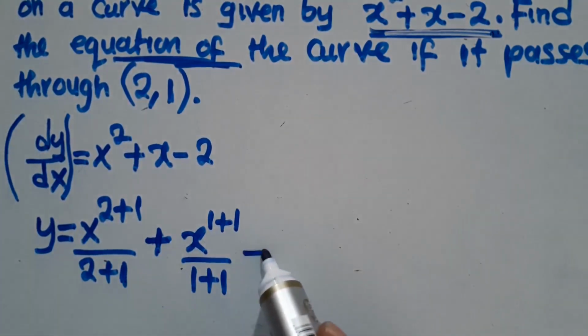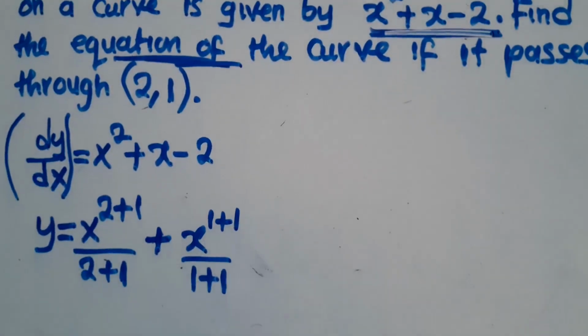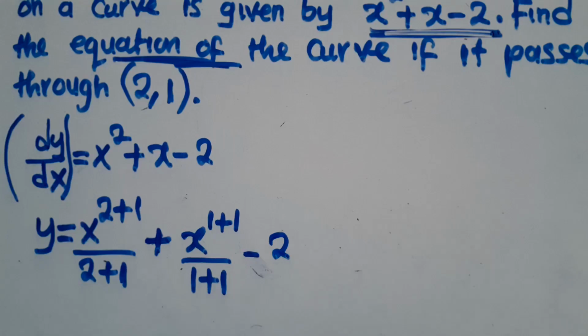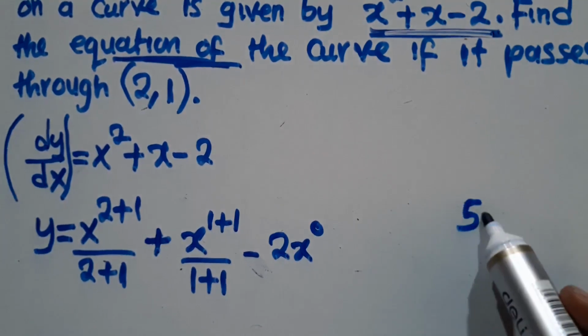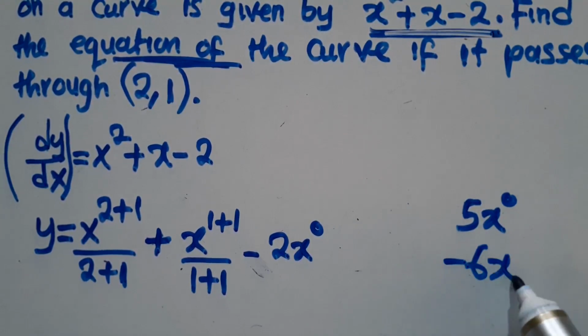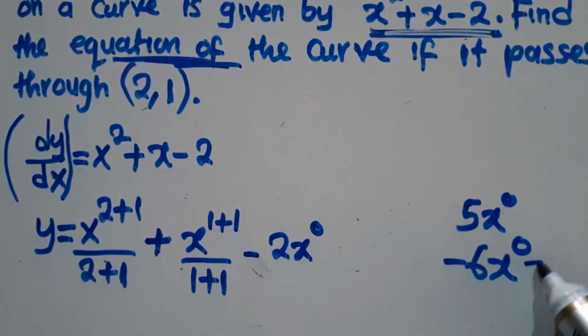Then you say plus. Plus what? There is minus 2. I've told you that under integration, when you just see a number like 2, it means that there is x power 0. As long as there is a number, let's say you have a 5, it means there is x power 0. If you say negative 6, it means it is negative 6x power 0, which is just the same as negative 6.